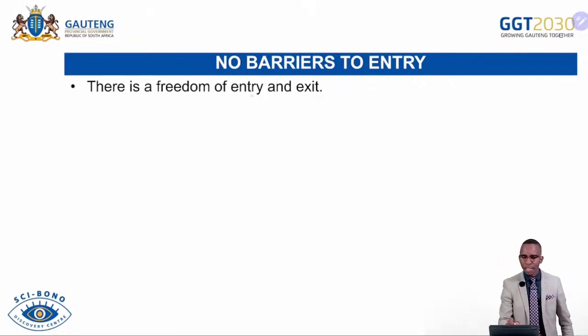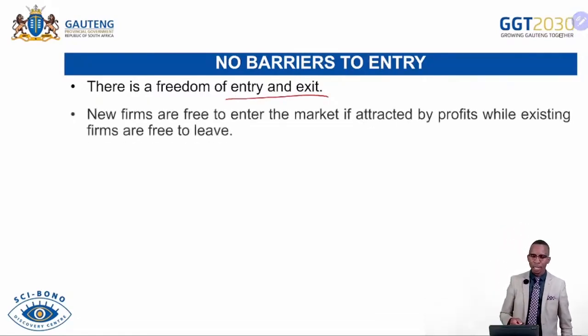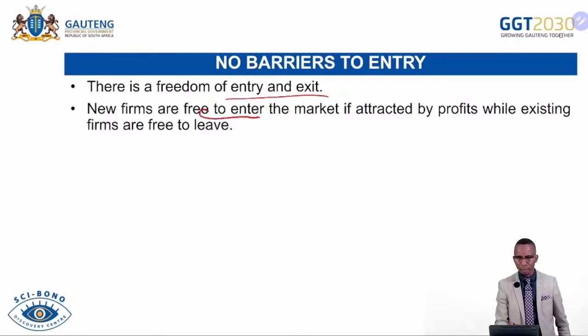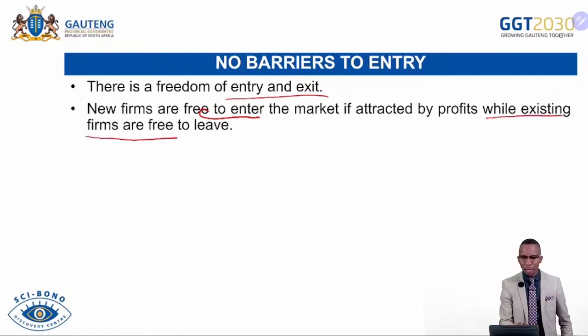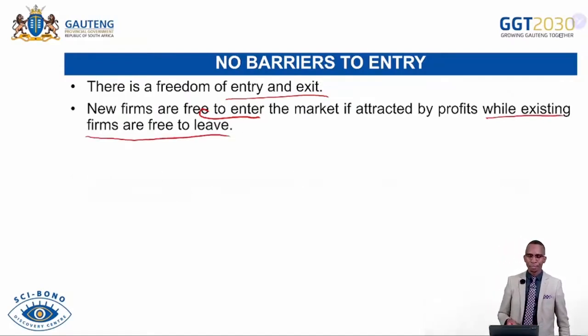So there is the freedom of entry and exit, meaning firms are free to enter the market as they are new, and then existing firms are free to leave the market. Like it's being said here, new firms are free to enter the market, attracted by profits made by existing firms, while existing firms are free to leave the market after having enjoyed profits within the market.